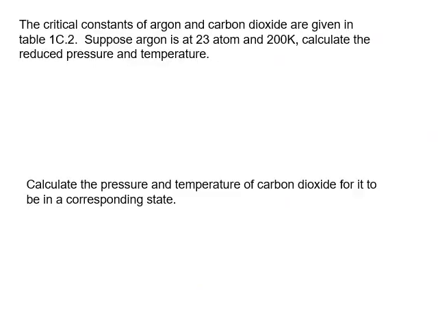Here are two sample questions. Question 1. The critical constants for argon and carbon dioxide are given in table 1C2. Suppose argon is at 23 atmospheres. So that's the pressure and the temperature for argon. Calculate the reduced pressure, PR, and TR, the reduced temperature.